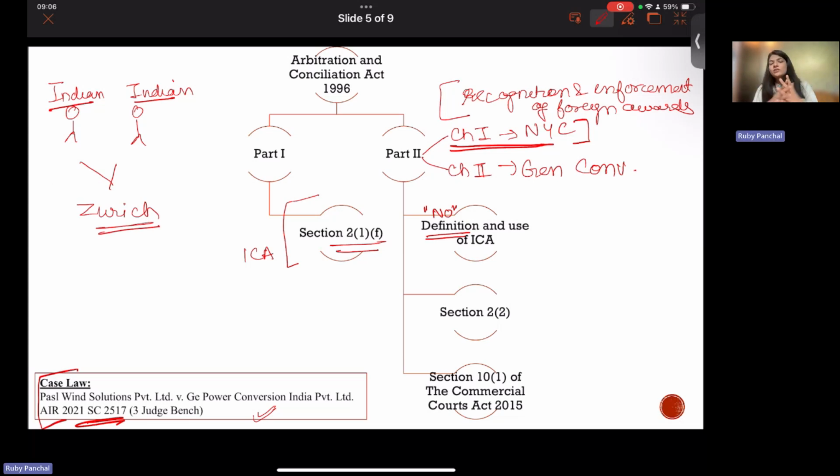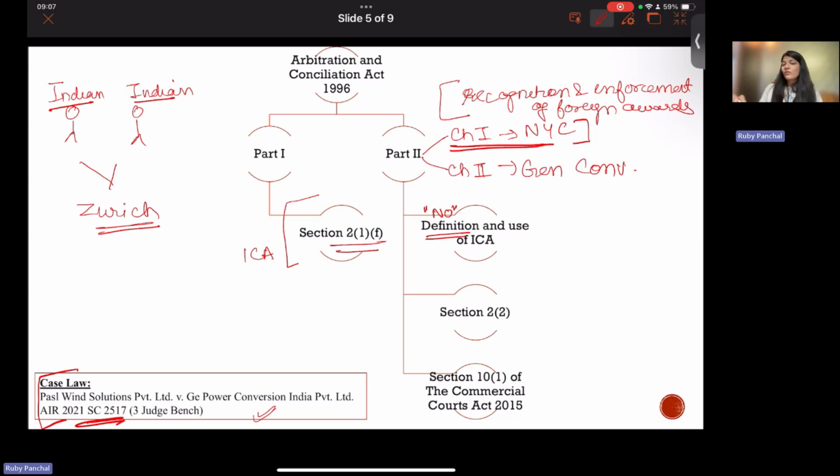And the wider question that Supreme Court was answering here was, is this going to be an arbitration in part 1, or is this going to be an arbitration in part 2 of the ANC Act? In other words, Supreme Court was also answering the question whether two Indian parties can go abroad and arbitrate, right?